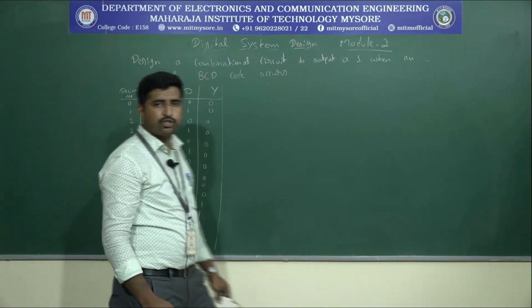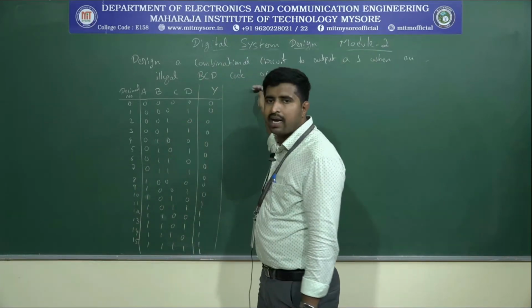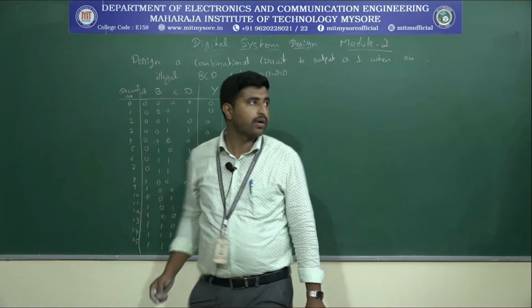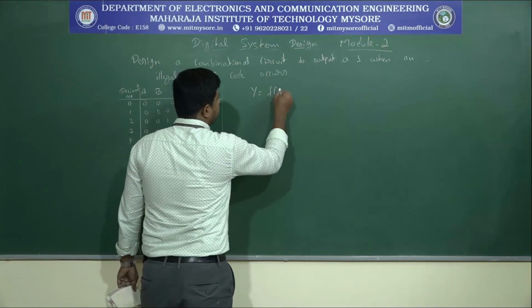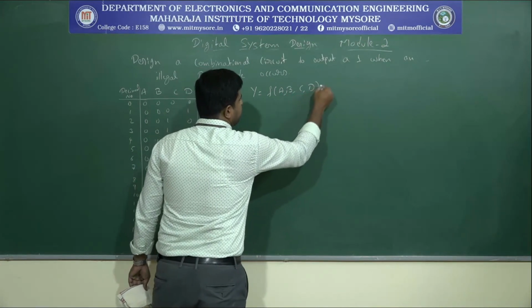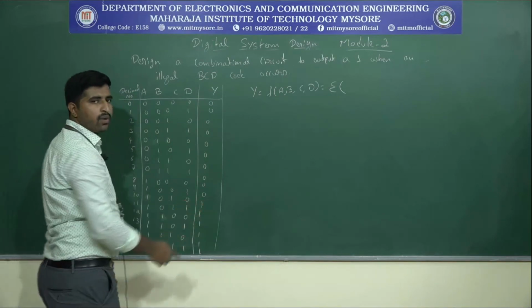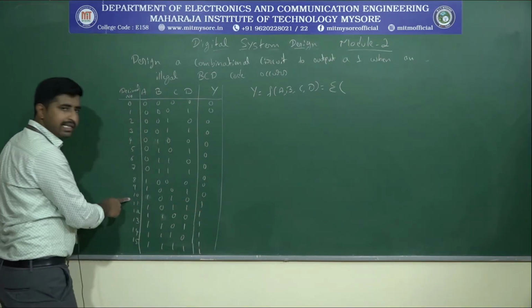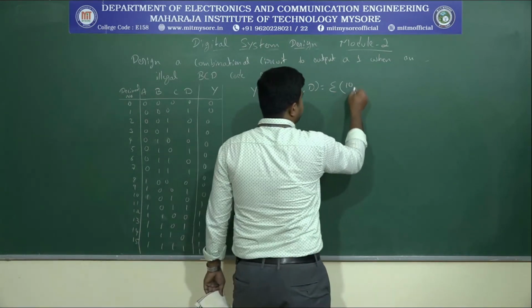As usual we have constructed the truth table. Let's write the switching equation and then the logic diagram. Y equals f of A B C D, the summation of the decimal values wherever the output is 1, that is 10, 11, up to 15.